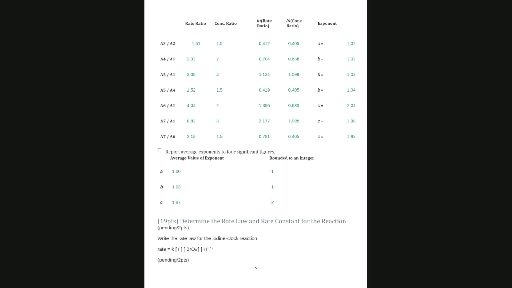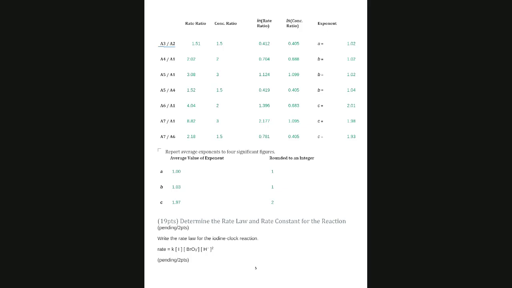And they are helping us because they are saying, okay, divide A3 by A2. And we have the concentrations and we have the rates in the previous tables. So this is what we calculate.